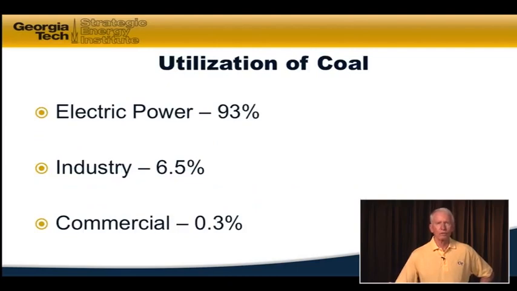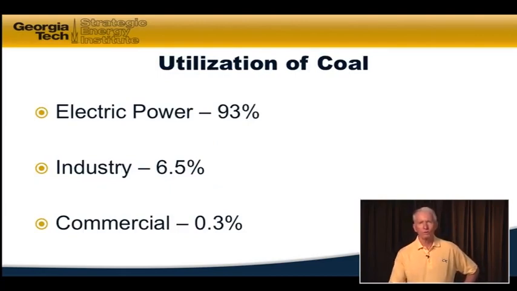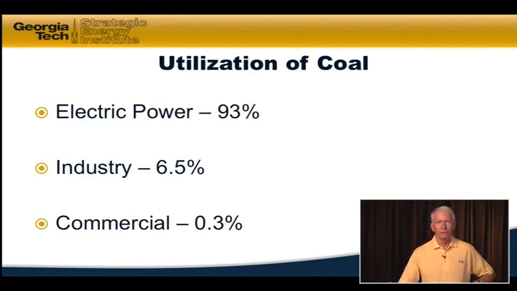How do we use the coal? As I mentioned, most of it's used for electric power plants. About 93% goes to these power plants, where they can use 100 trainloads of coal a day. Industry, for various chemical reasons in general, uses about 6.5%, and commercial buildings, actually some of them are still heated by coal, a very small percentage.